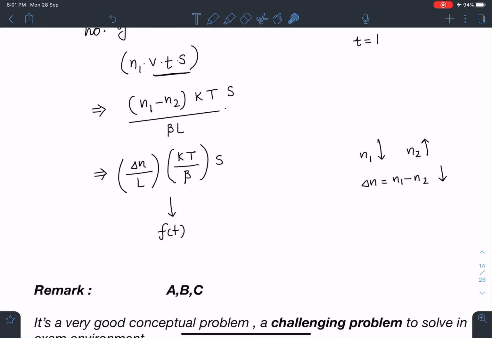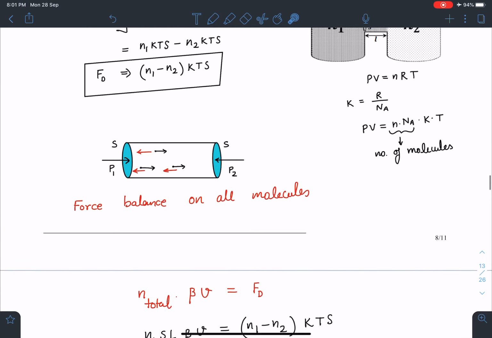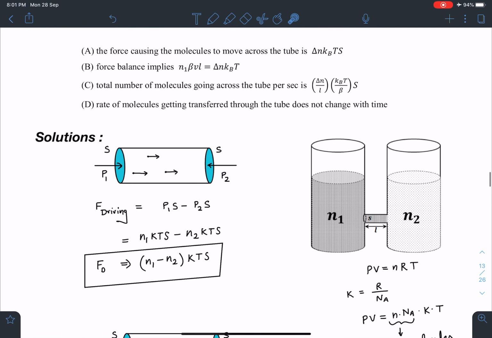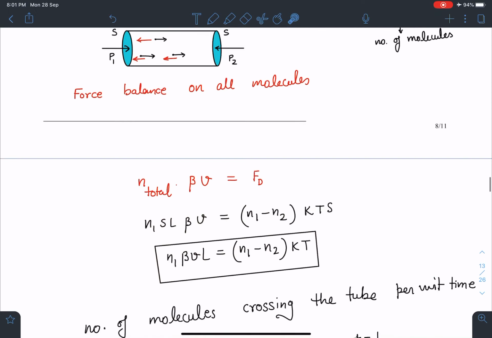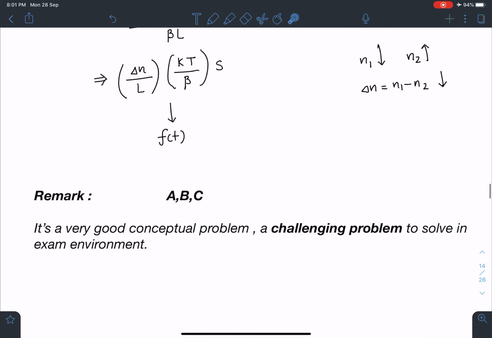If that happens, that rate definitely will depend on delta N. It must be some function of time t. So the fourth option, that the rate does not change with time, will be a wrong answer. ABC is the right answer for this problem.